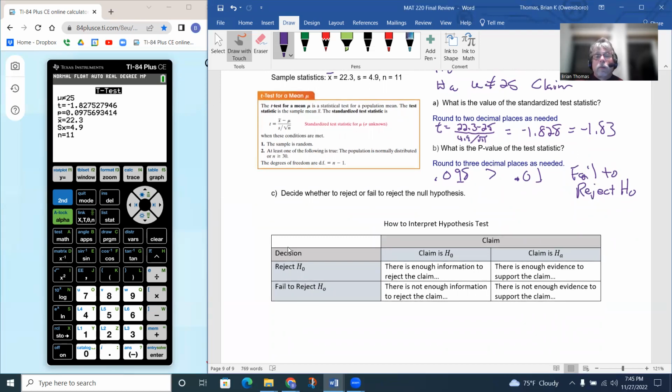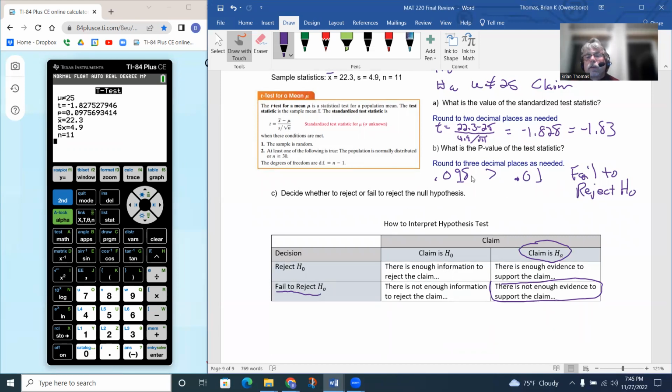We also have to make these interpretations. If we fail to reject the null hypothesis and our claim is the alternative hypothesis, there's not enough evidence to support the claim. It's a good idea to write this little table down, because that gets a little confusing.